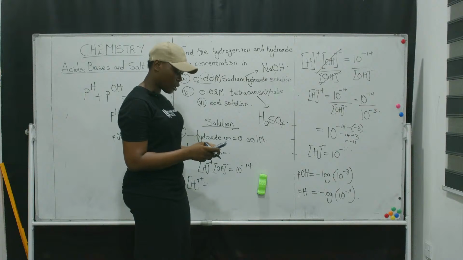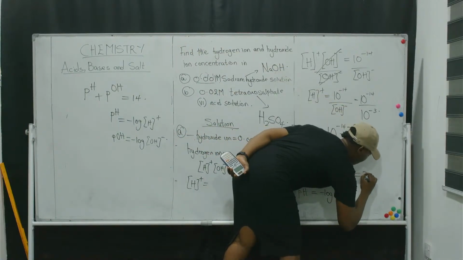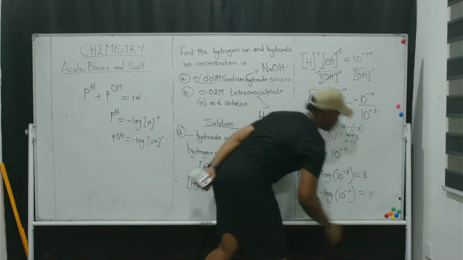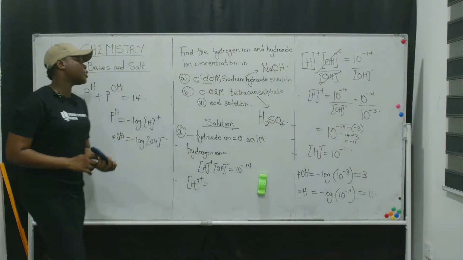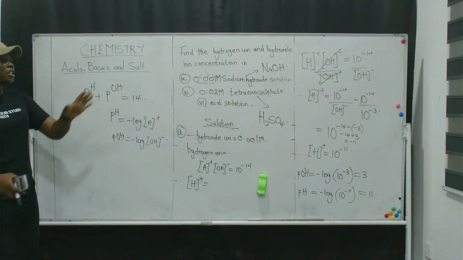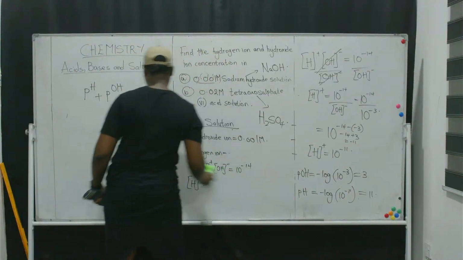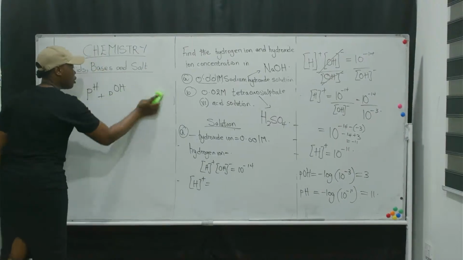I'm sure we know how to use our calculator for this. Okay. And so this is 3, and this is 11. How to cross-check that? We know that pH plus pOH must give you 14. 3 plus 11, is it 14? Yes. So let's try the second one.